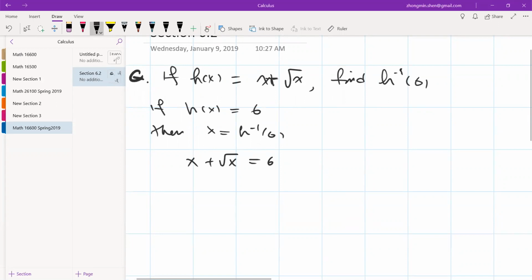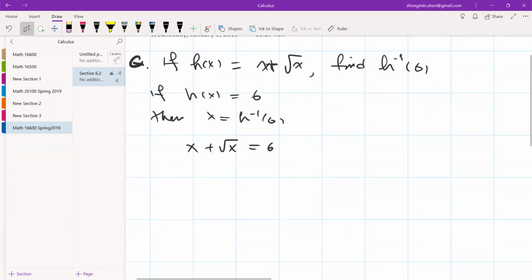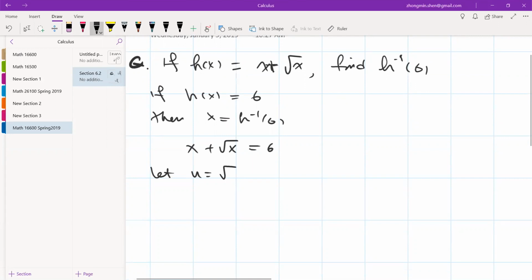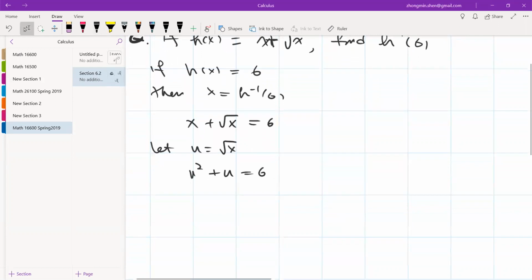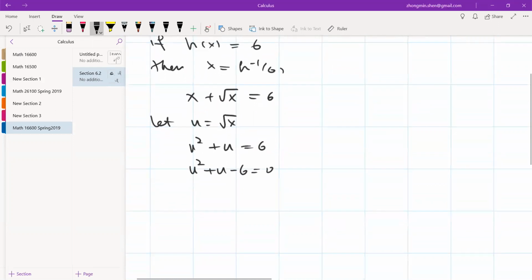Now, this is a quadratic equation. Why? If you let u be the square root of x, then u squared plus u equals 6. That becomes a quadratic equation. You can use the quadratic formula to find u, or you can factor it.